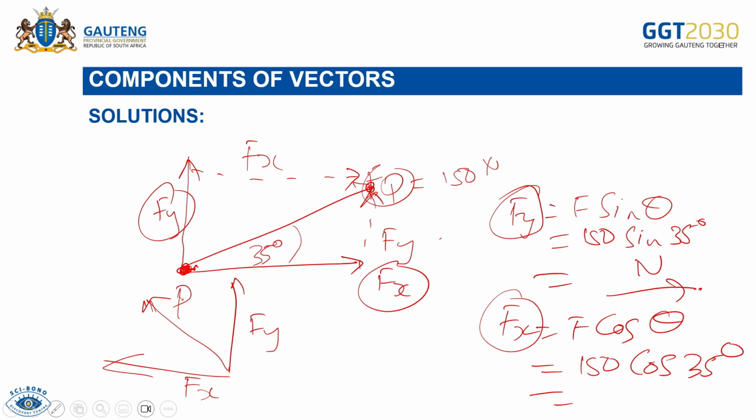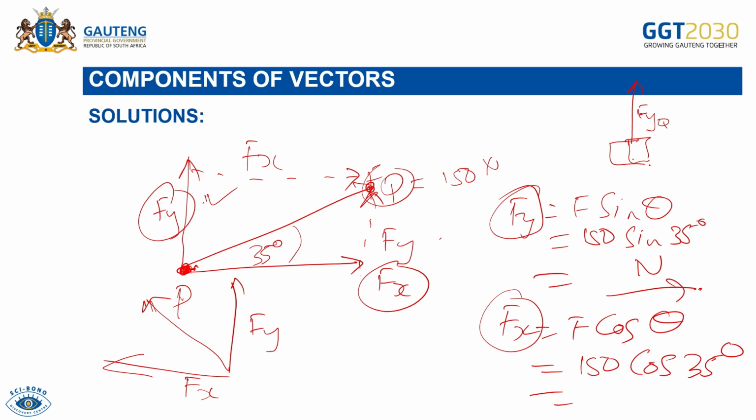So how many components are acting on this object? You have your Fy, which is this one, for Q, right?